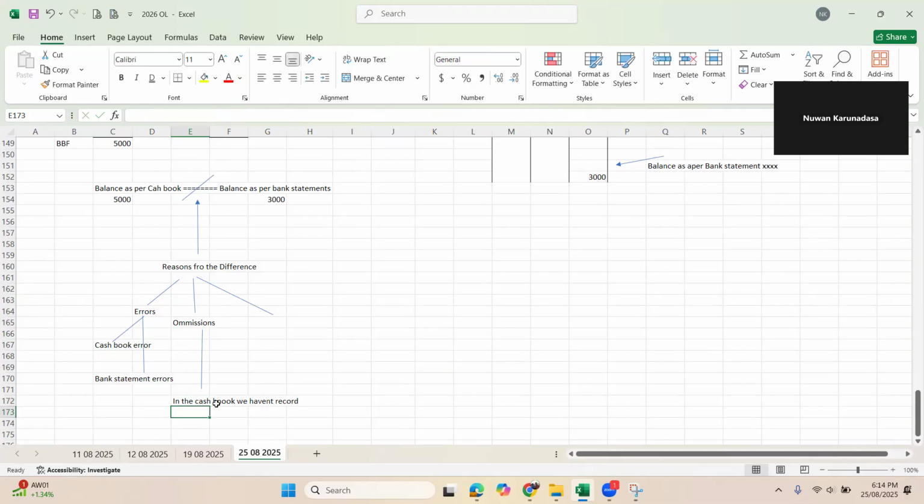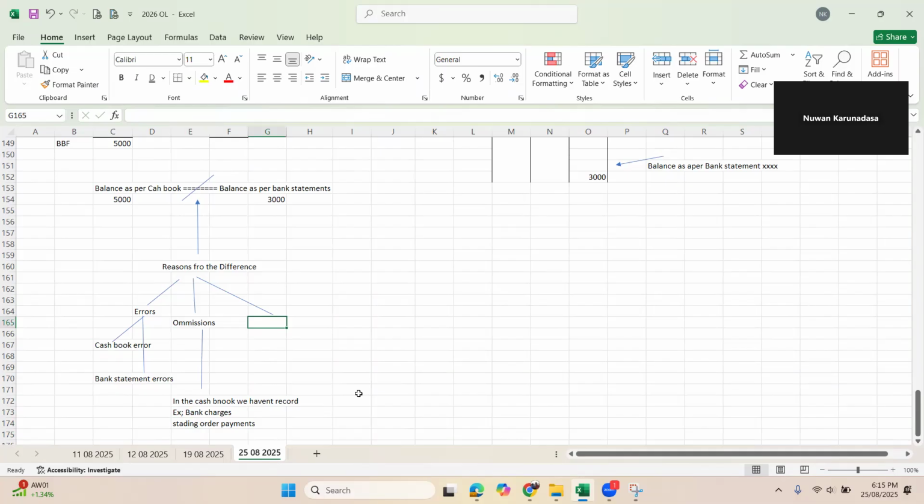This is called omissions. Example, you can say bank charges. We are not aware of the bank charges until we receive the statement. Bank charges, then standing order payments. These are the examples.